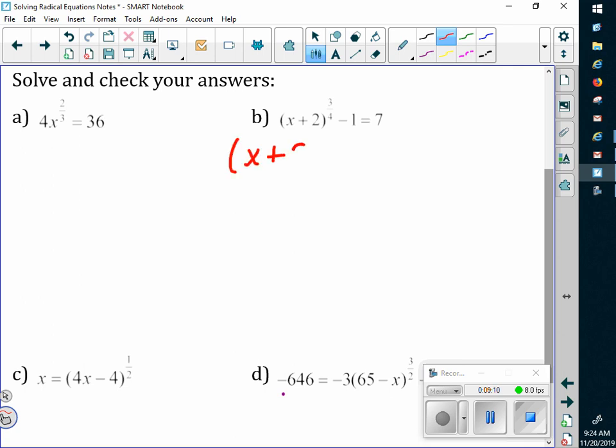X plus 2 to the 3/4. Does that say -1 or -4? All right. Think. Good. Add 1 to both sides.